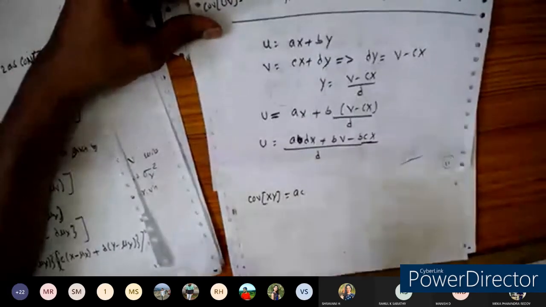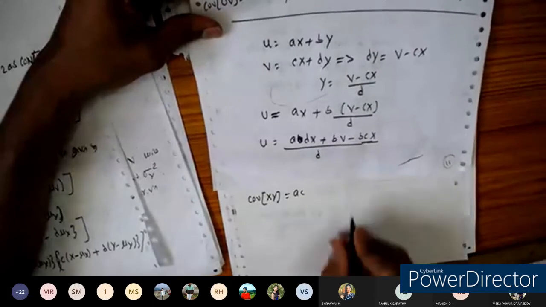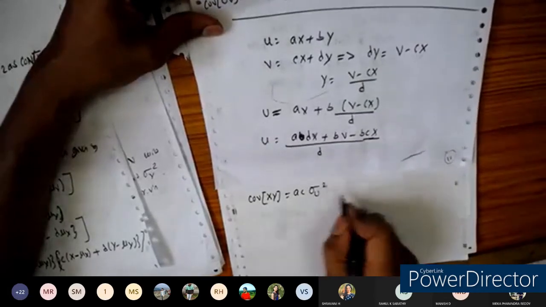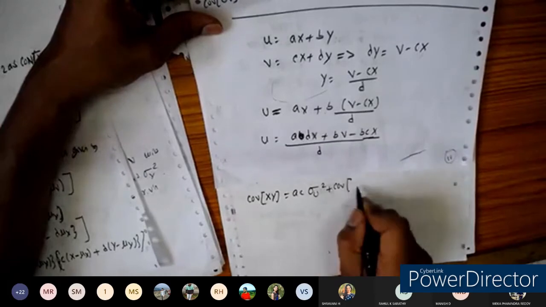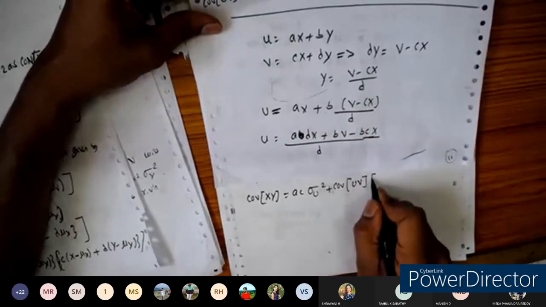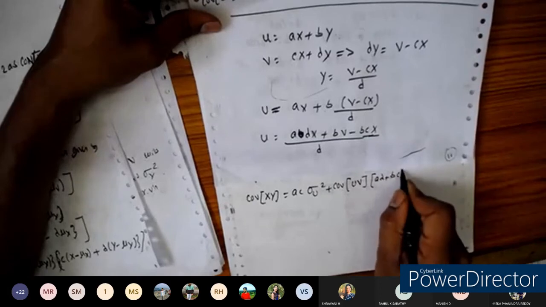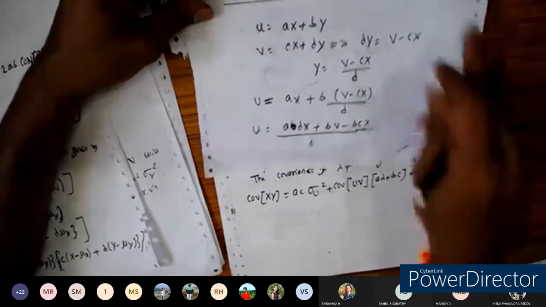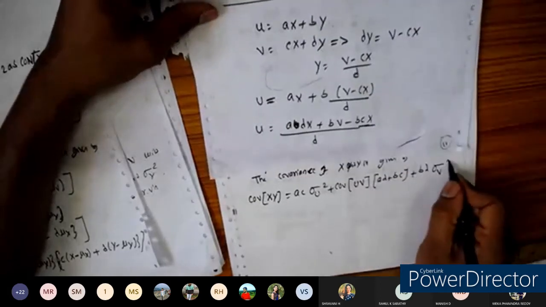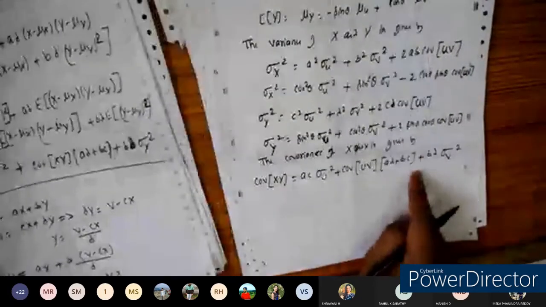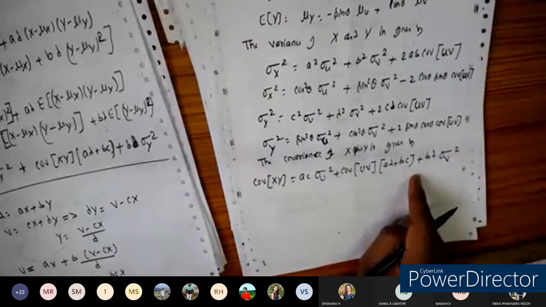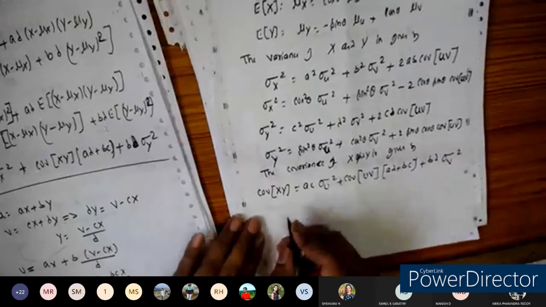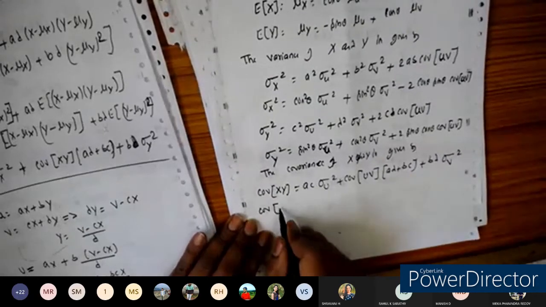It is a into c into sigma u square plus covariance of u and v into AD plus BC, plus B into D into sigma v square. In the same way I have written the expression based on this concept, just interchanging the variables x and y with u and v. Now let us substitute for A and C.